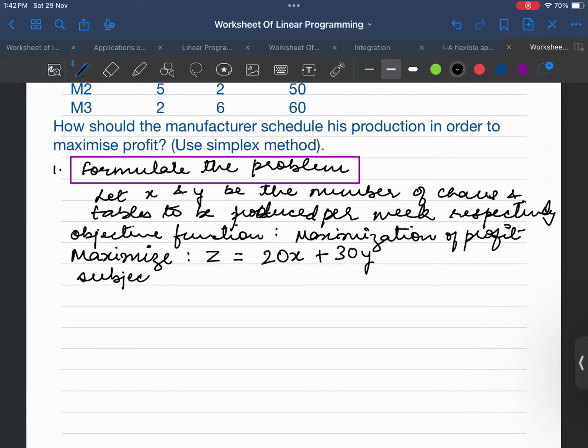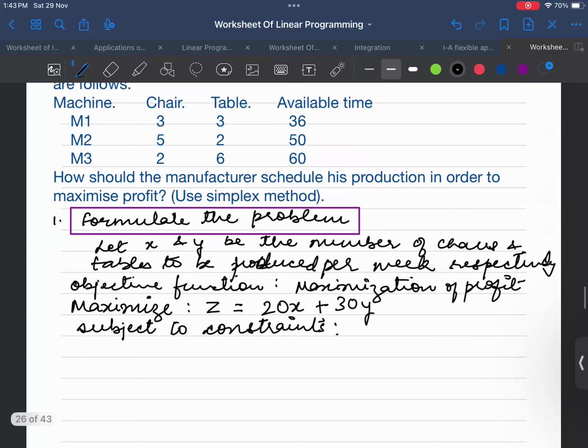Now, these are the maximization objective function. Now, they are subject to constraints. I told you in the previous class, we always have to add some constraints. So what are those constraints? We have to write subject to constraints, and the constraints are, as we know, in machine 1, we have 3 hours per week available with us. For the chair, if we have to prepare x chairs, it will be 3x.